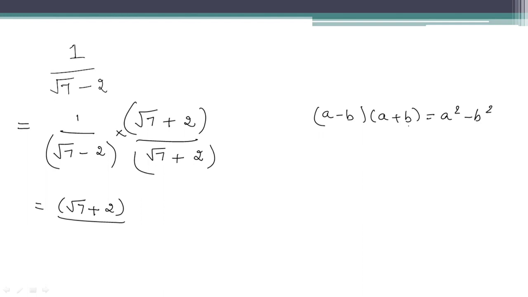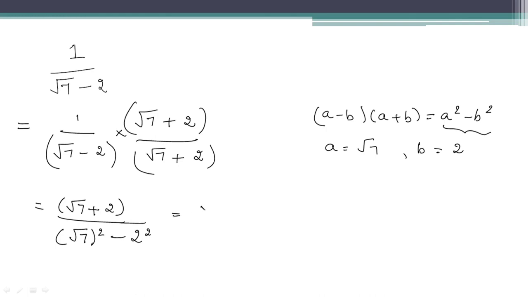What do we have in the place of a here? Root 7. In the place of b we have 2. So we can write root 7 square minus 2 square.